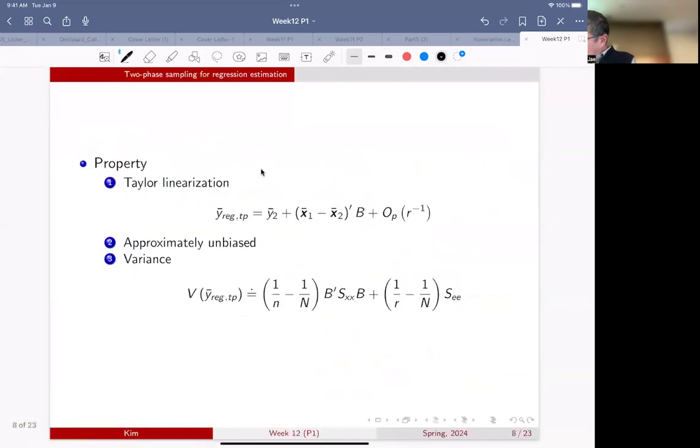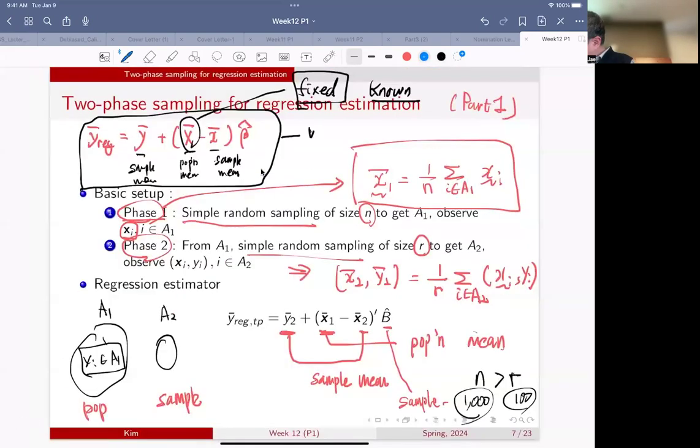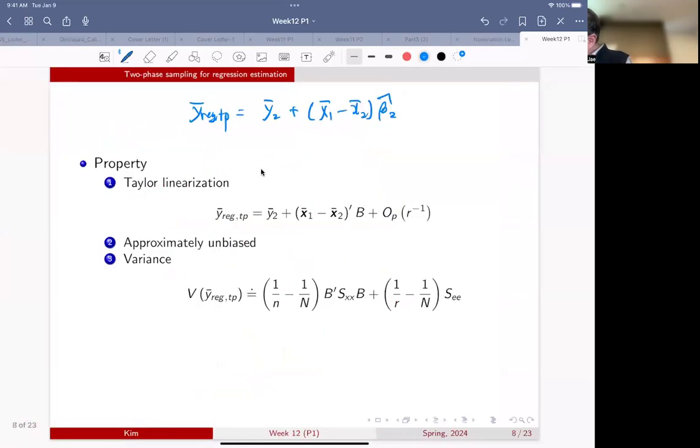So the usual technique is to write the regression estimator as y bar 2 plus x bar 1 minus x bar 2 times theta hat 2. I should have a subscript 2 to emphasize. Then the usual technique is to consider the limit. What is the limit? So theta hat 2 should converge to something. Let's call this B.